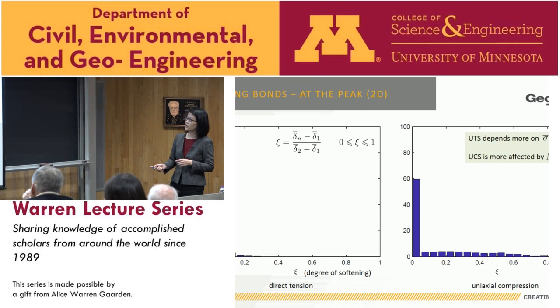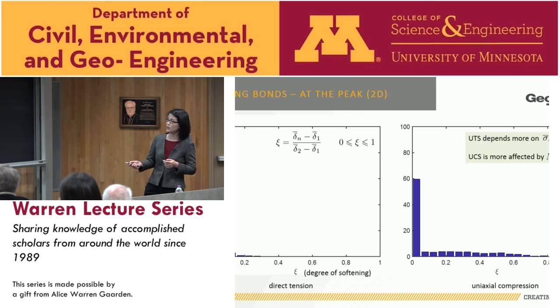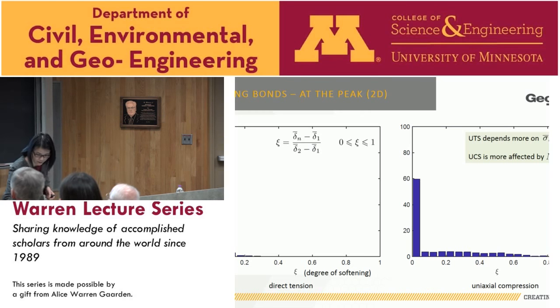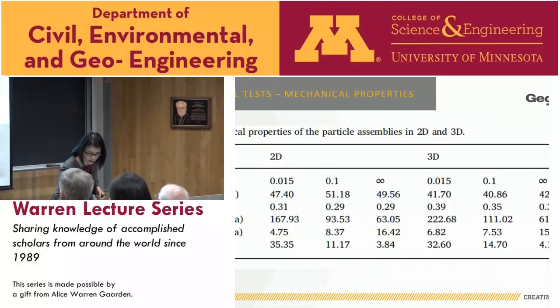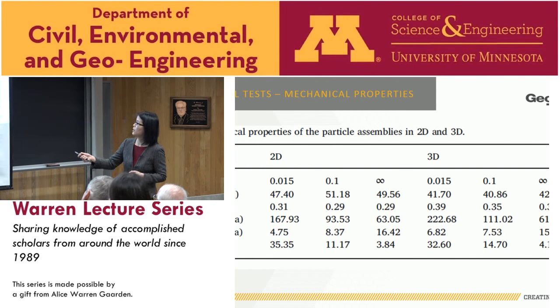In direct tension, you see most of the bonds, over 80%, with only slight damage. In other words, that's plotted at the peak. That means most of the bonds in softening are only, if we go back to the contact law, most of them are only here. They haven't reached this part yet.